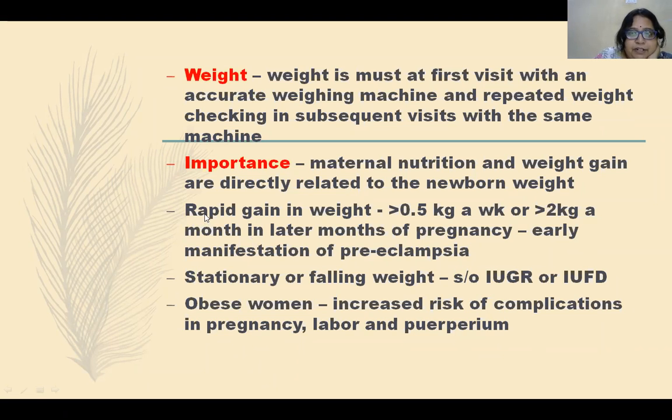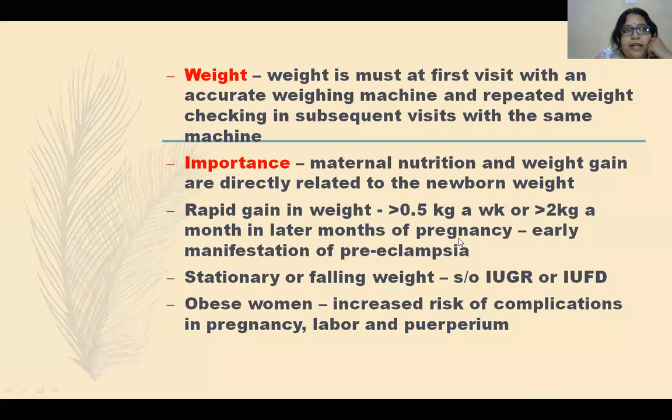And when do you call that the woman is gaining weight rapidly? When she gains at least 0.5 kgs a week or 2 kgs in 1 month in later months of pregnancy, then you call that there is a rapid gain in weight, and it is one of the earlier manifestations of preeclampsia. Then you have to watch her for developing symptoms of preeclampsia.